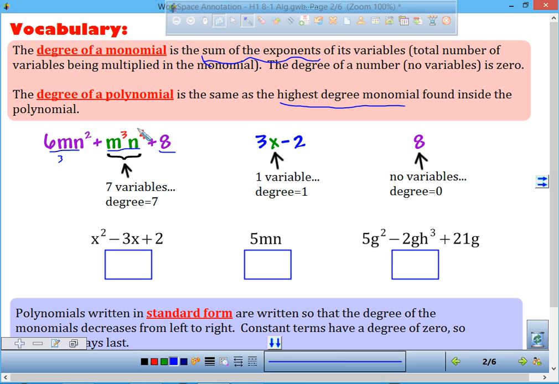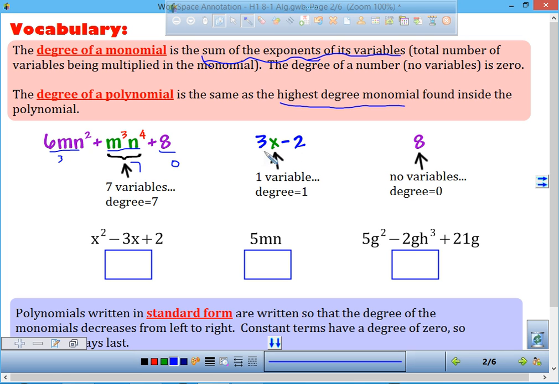The degree of the second monomial is going to be 7, if you add the 3 and the 4. You add the exponents in monomials. And the degree here is 0. It's important that it's exponents of variables, not exponents of any numbers. So this one would be a degree of 7.